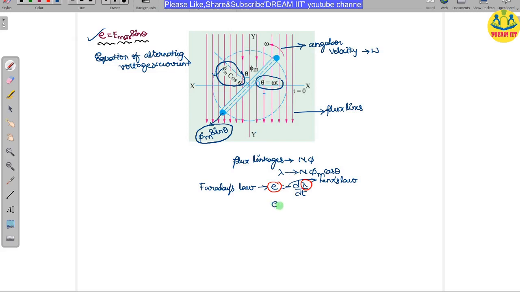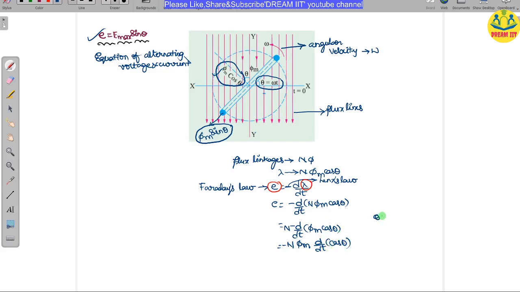So E equals minus d lambda by dt. I substitute N into phi max cos theta for lambda. I am not changing the number of turns, so N is taken out, and maximum flux is also not changed. So E equals minus N phi max d by dt of cos theta.